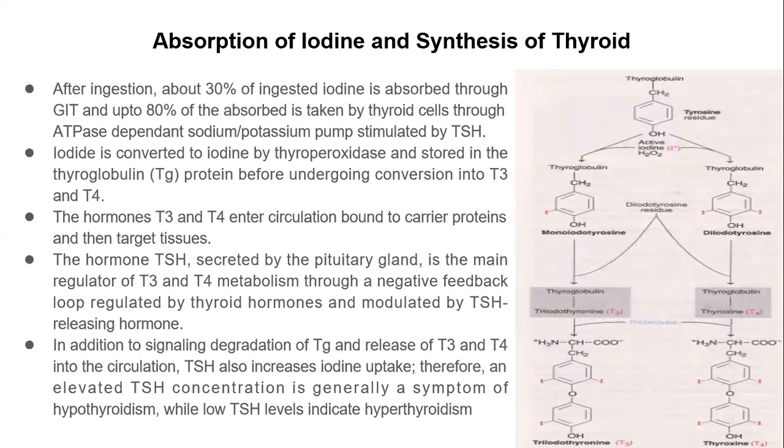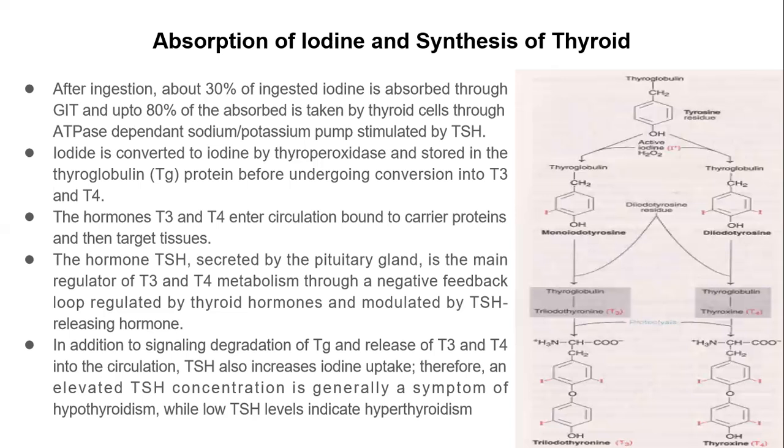Okay, now let me explain the synthesis. After ingestion, depending on the source, but we're talking about dietary iodine, the dietary iodine will be associated with organic compounds when it enters the GIT, and once it enters the GIT, it gets absorbed.